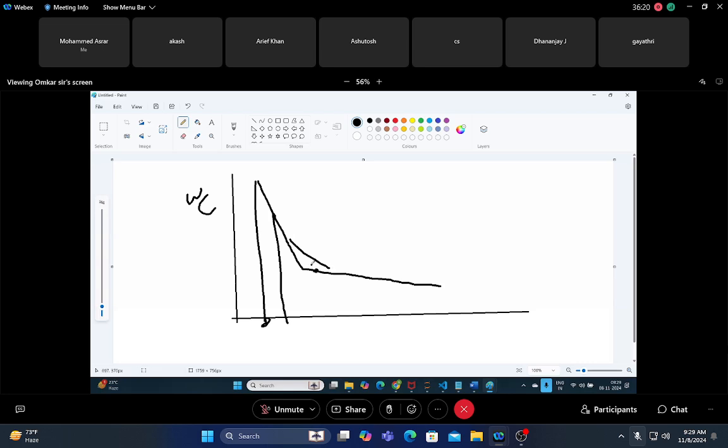Wherever the drastic change is coming, that is the optimal cluster. After you increase the clusters, the curve will go like a straight line only. There is no much change.